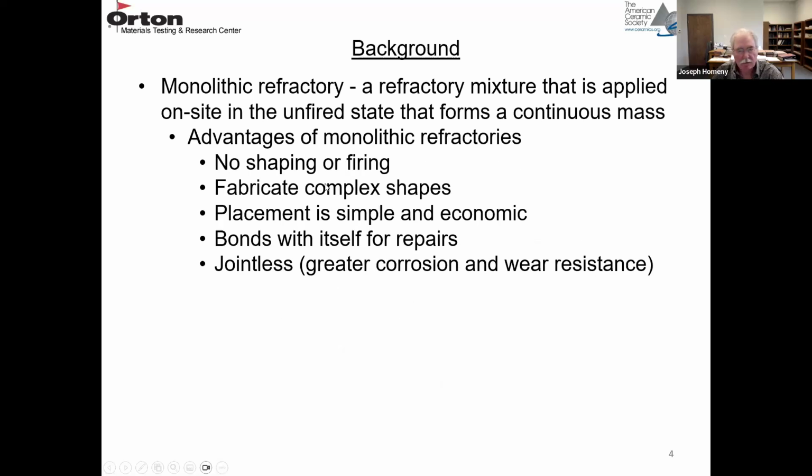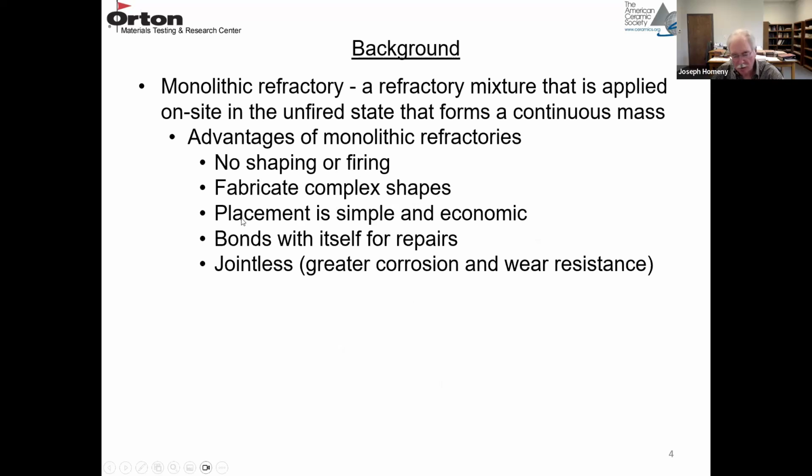So the advantages of a monolithic refractory: there's no shaping, so you don't have to press a brick or cast or slip cast a shape. There's no firing. The firing takes place in the actual application when the furnace is brought up to temperature. You can cast or fabricate complex shapes.